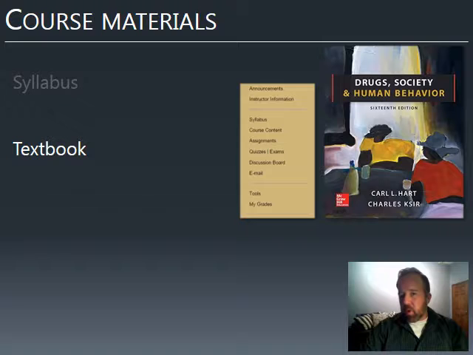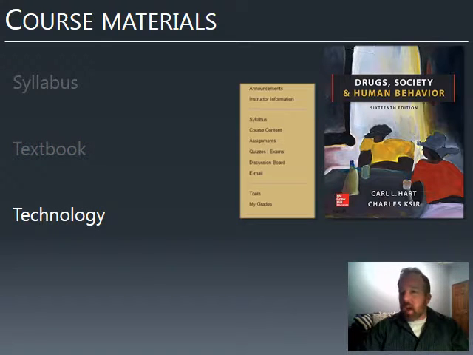The material is more or less settled. What will change are things like the figures and the page numbers, for example. So in the syllabus, chapters are according to the 16th edition. Be aware of that. Material should be more or less the same between the 15th and 16th, so if you need to use the 15th, I would, of course, recommend using the 16th. That's the version I'll be using for class.